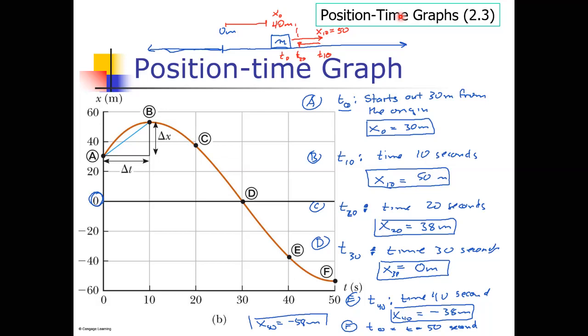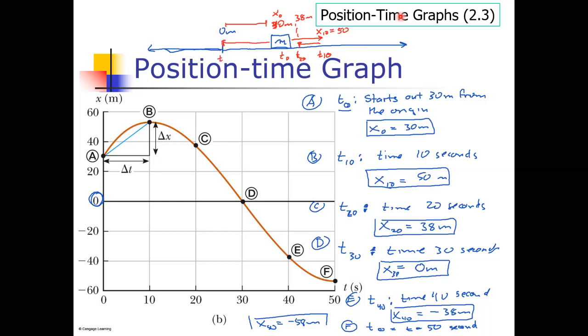We started out at 38, sorry, roughly 30 meters here. And then we end up at a position that is about 38 meters from where he started. What we see here at point D, he continues to move in this direction now, in the negative direction.